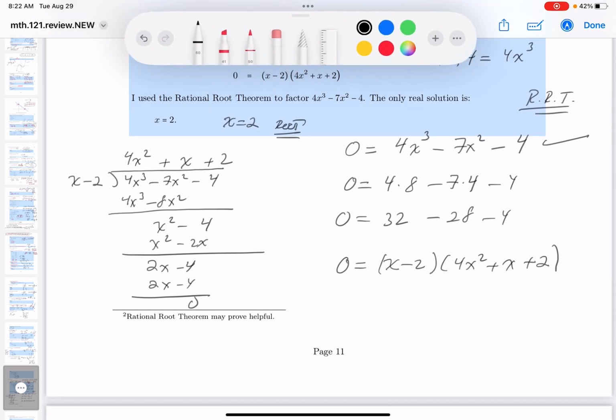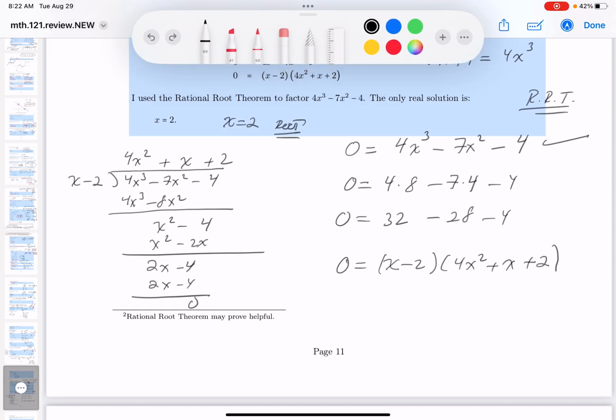I'm looking at this guy over here. Whoops, sorry about that. And I'm wondering what the roots of that are. All right? Let's go through that. And write it down. So what do you get? 4x squared. I'll use quadratic formula. Let's see, twice the a, which would be 8, minus the b, which is minus 1, plus or minus.